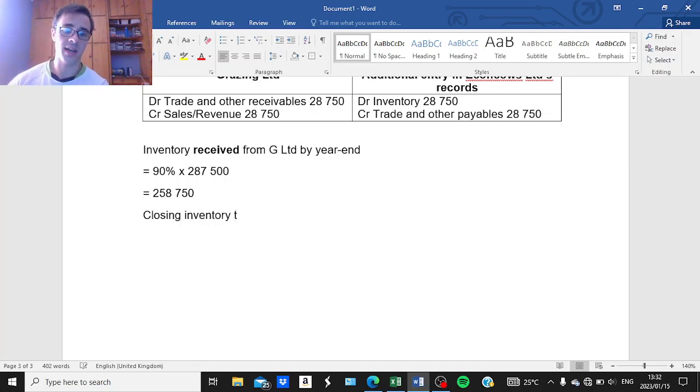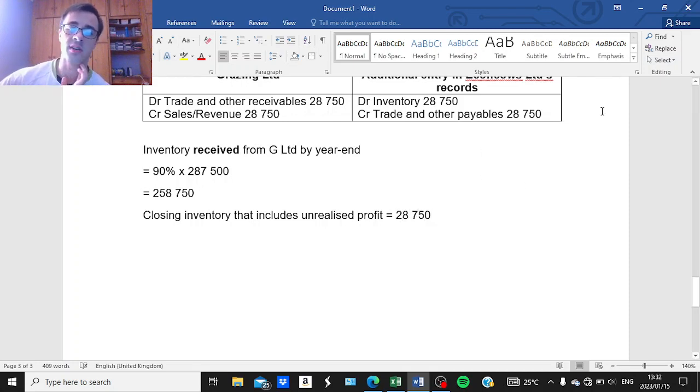So closing inventory that includes unrealized profit will be calculated by considering the inventory in transit first, because we need to include it as part of closing inventory. The ownership has already passed. So we will start with 28,750, and then we need to calculate 30% of this amount, because 30% has not been sold to external parties at year end.